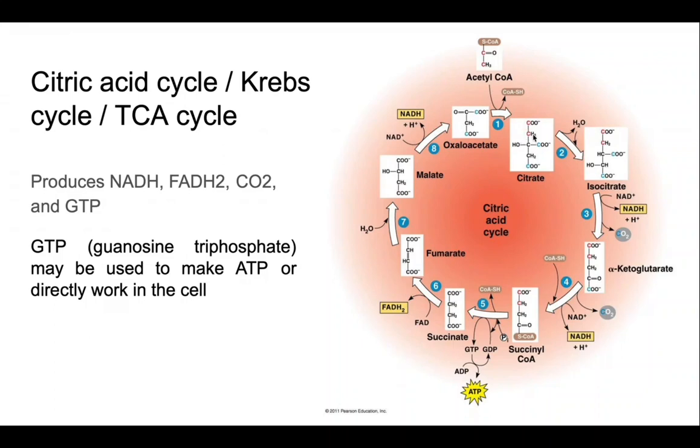The citrate is going to rearrange itself to make isocitrate. Now we're going to pull off 1 of the carbons and 2 of the oxygens to produce carbon dioxide, and we're going to move some electrons onto NAD+ to make NADH.